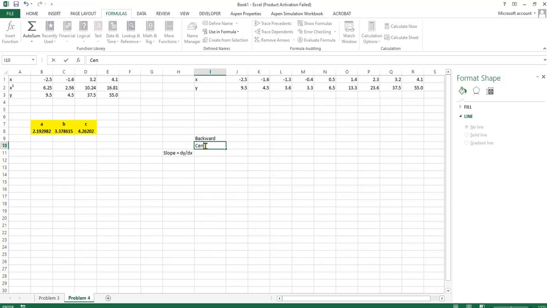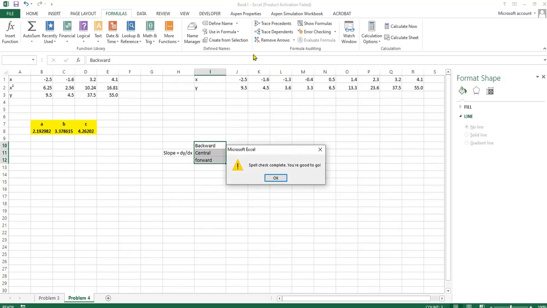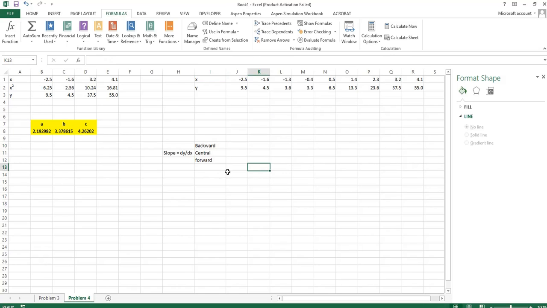Let me call this central slope, and forward slope. You can also check spelling. Having selected that, you can just press F7 to check spelling. Say okay. Now I've checked that.